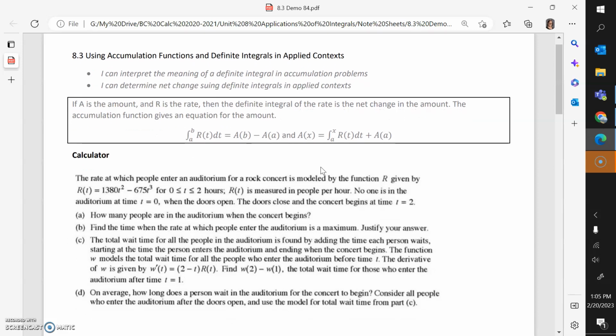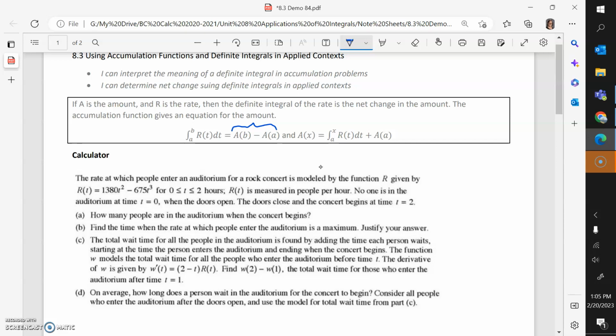So the two things you should know about the accumulation function and definite integrals: if in an applied context you are given a rate function, the definite integral will give you the net change in the amount over that time period, so the difference between your starting amount and your ending amount.